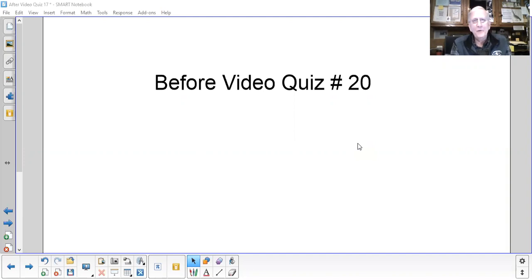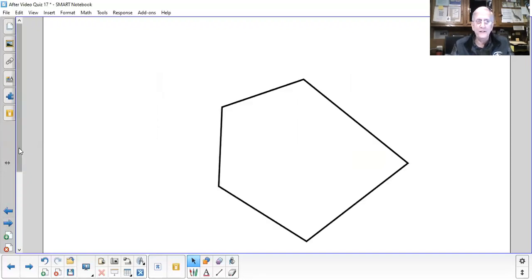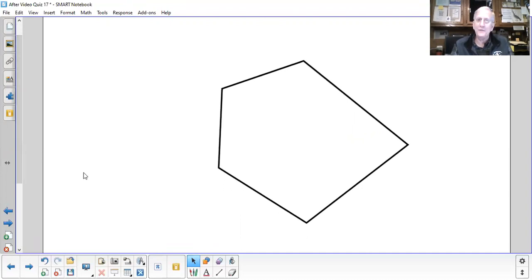Okay, today we're going to take a look at some stuff that you haven't thought about probably for a little while. I want you to take a look, if you would please, at this crazy looking figure. I don't know if you remember what this is, but I did mention to you earlier, in maybe the last video or two, something about the word polygons. Now, I want you to brainstorm in your head what you think a polygon is.